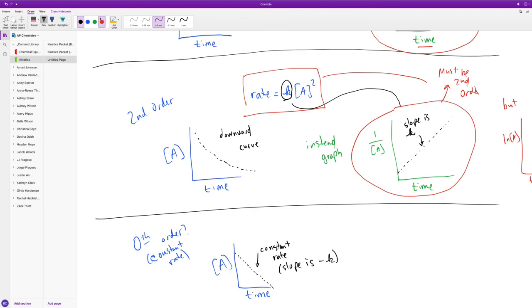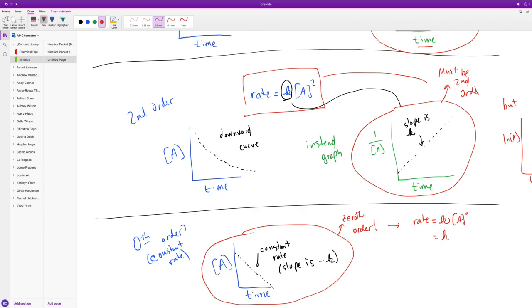If you see something like this, it has to be zero order. It must be zeroth order. Okay? Has to be. So that allows you to infer the differential rate law. Rate is k, or k A raised to the 0, which is just k. Okay?